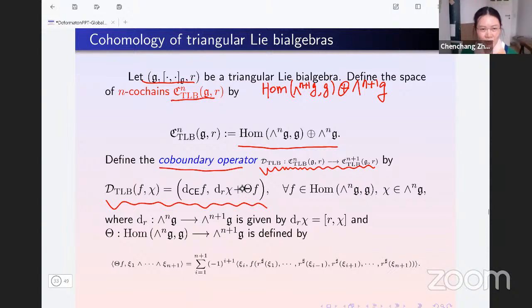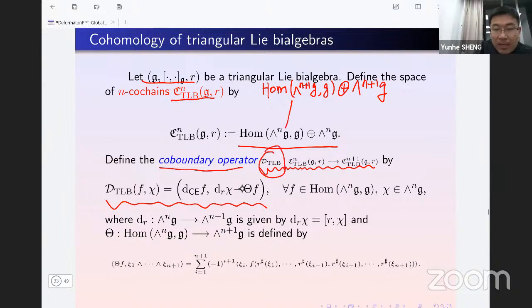So we need to use this relation and use that general framework to obtain this cohomology. You sort of use this mirror to bring this theory of Rota-Baxter operators to the side of R-matrices. Okay. So this coboundary operator DTLB is given like this.